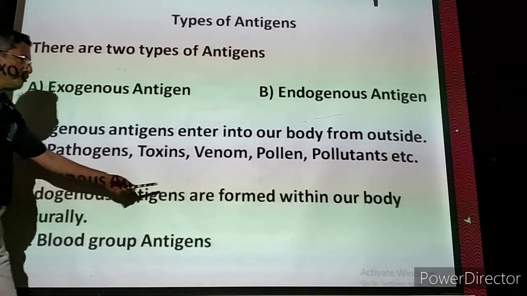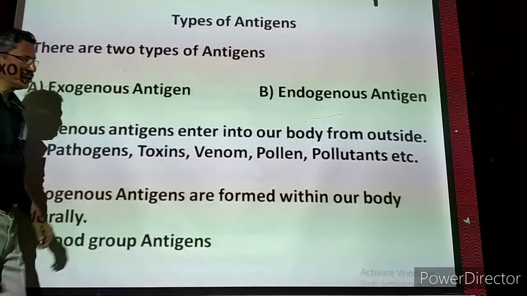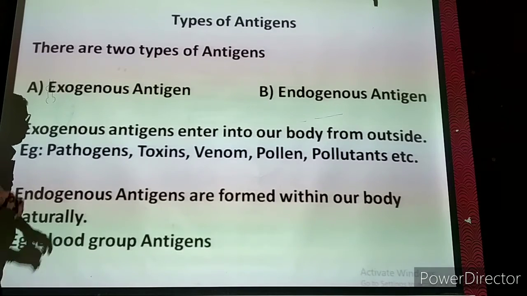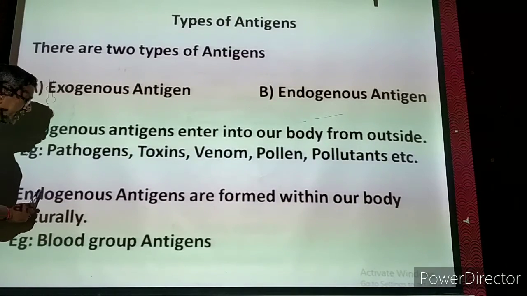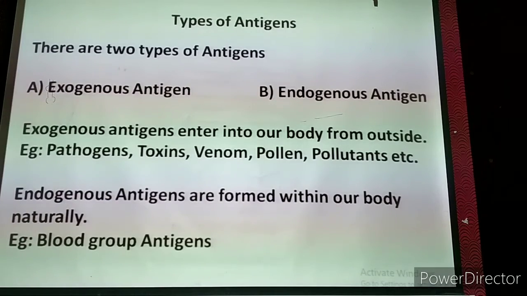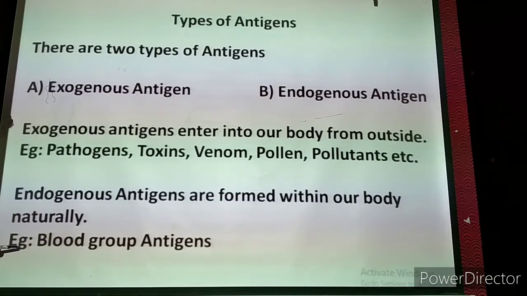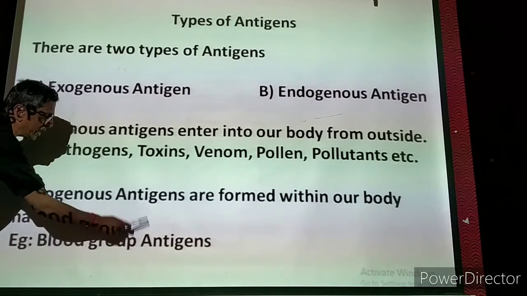Endogenous antigens are formed within our body. I already told you, this is not for immunity purpose, but they are produced in our body. Naturally, they are present. What is an example? Blood group antigen.